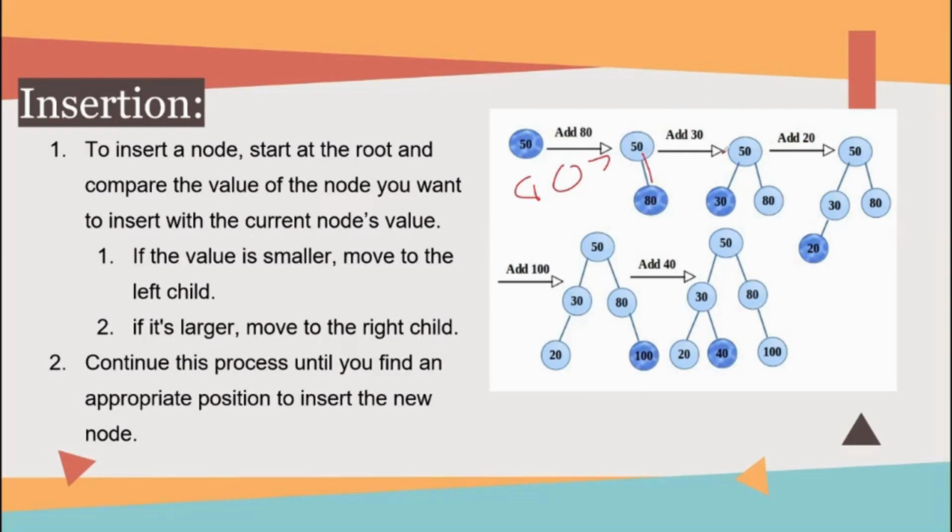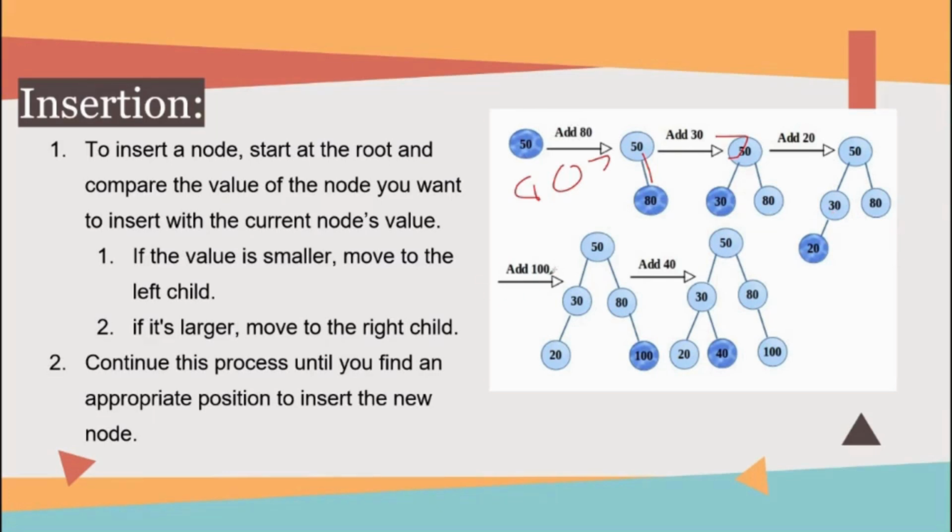Next, insert 30. 30 is less than 50, so insert it on the left side of 50. Now add 20. 20 is less than 50, but there is an element on the left side of 50, so it is checked against 30. There is no element under 30, so it is inserted on the left side of 30.